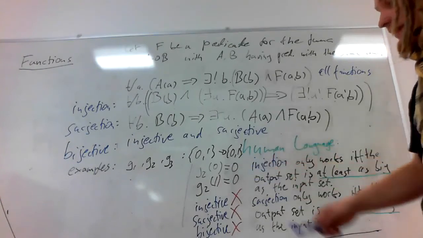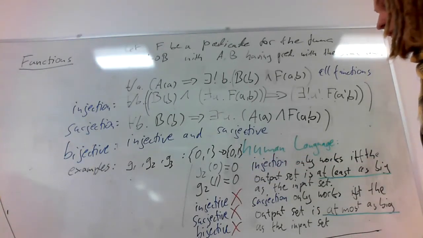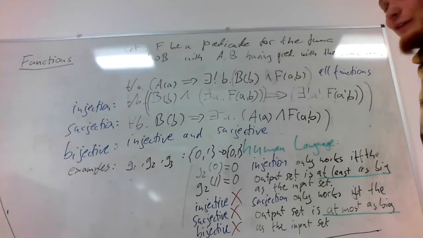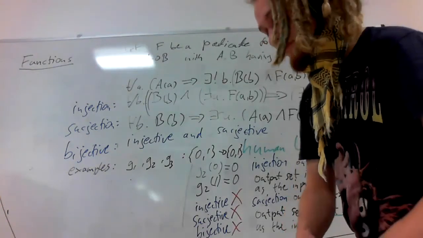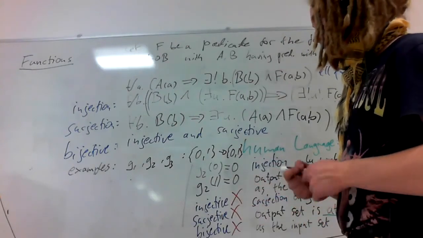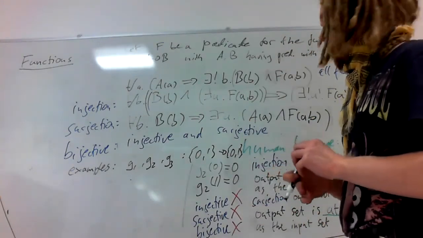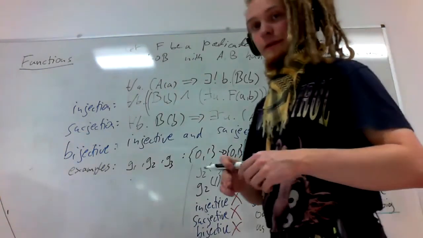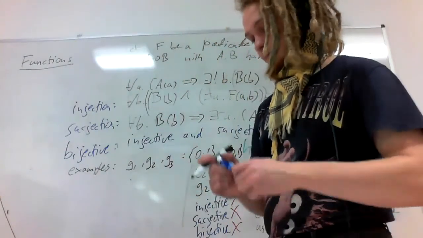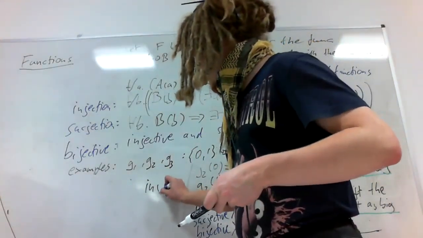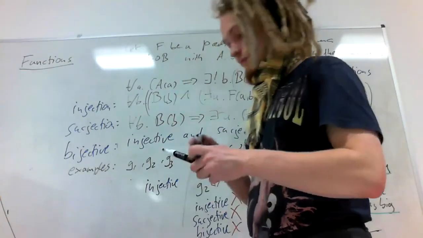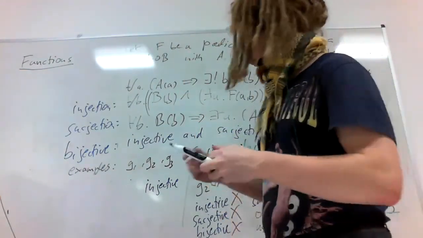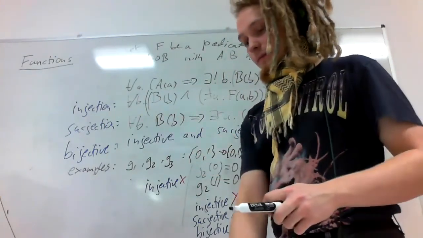I actually wanted to create an example where we have a function that is not injective but surjective. That doesn't work because, let's try making something that's not injective. So an element is being hit twice. So we want something that's not injective but surjective.